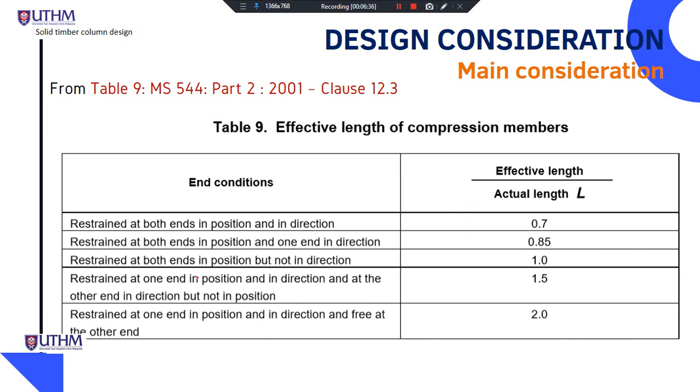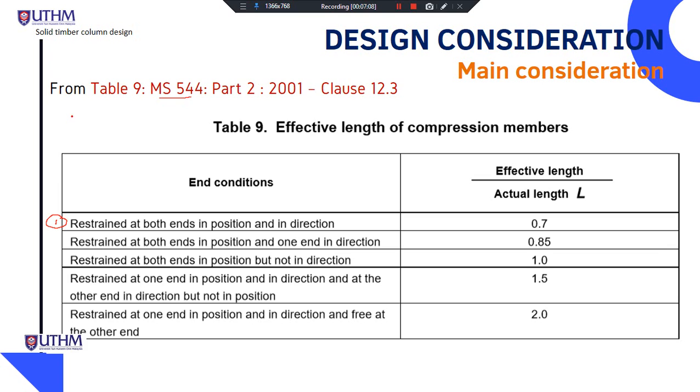This table is extracted from Malaysian Standard 544 Part 2, 2001, clause 12.3. There are 5 end conditions for column. The first one is column restrained at both ends in position and in direction.